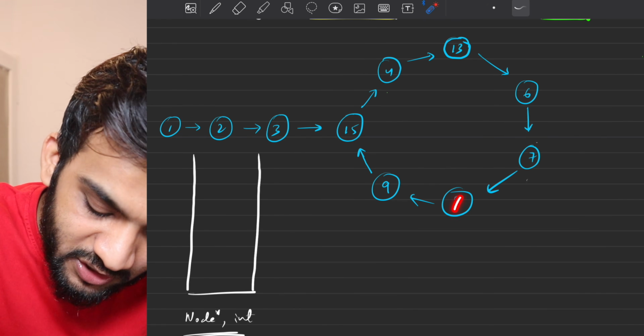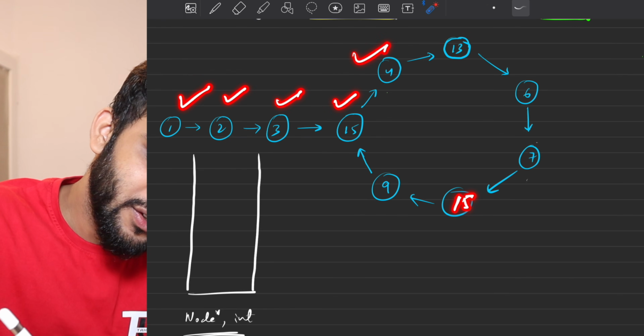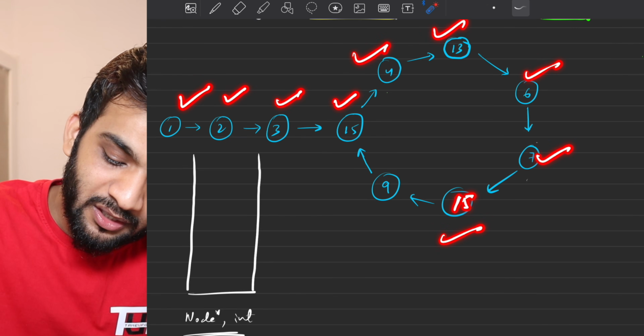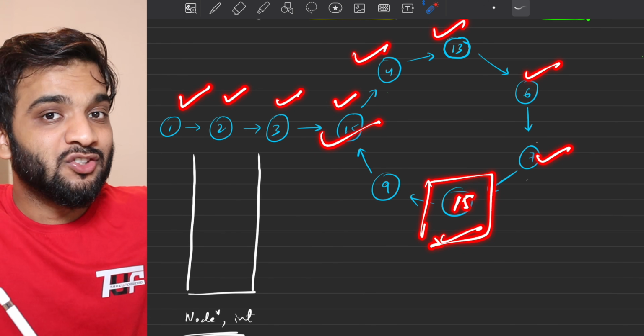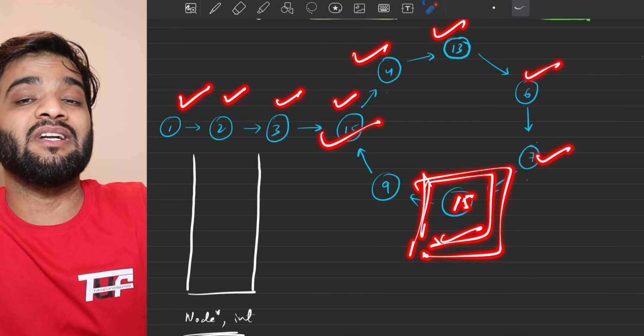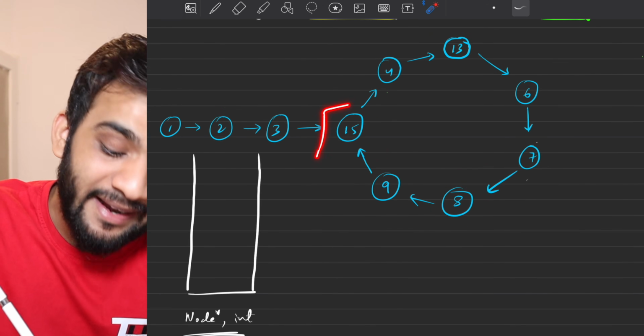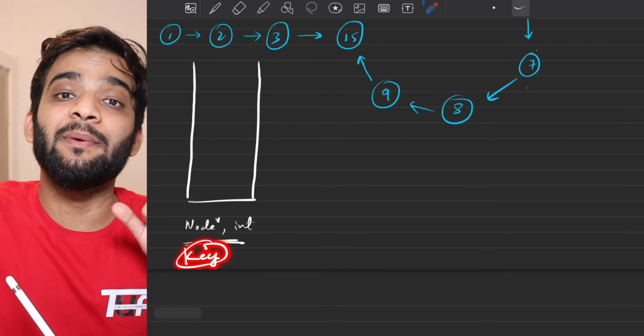What if this is 15? What will happen? You'll be like, okay, visit. You see a 15, which you have seen previously. So this is wrong, because this is not your starting point. So you cannot store the data. You'll have to store the entire node into the map. So this will become your key.